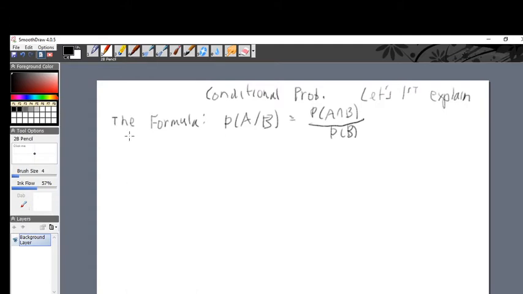Okay, now the little slash there, this is what it means.